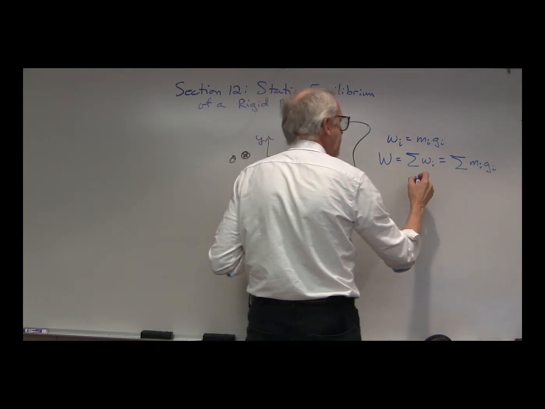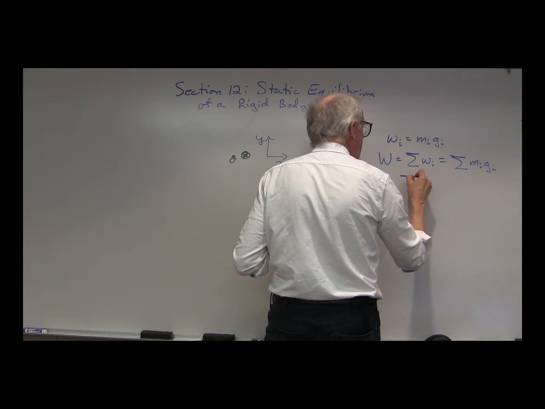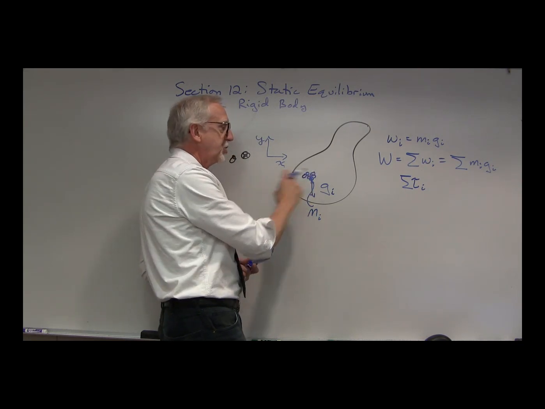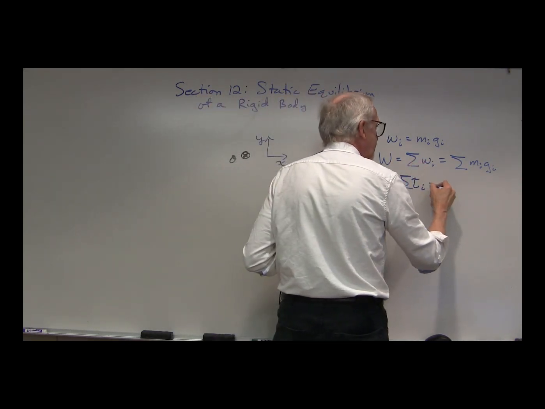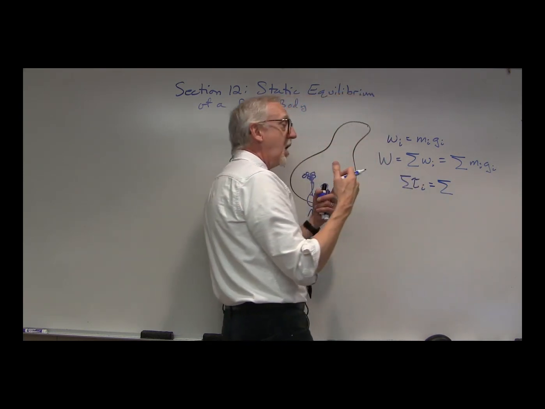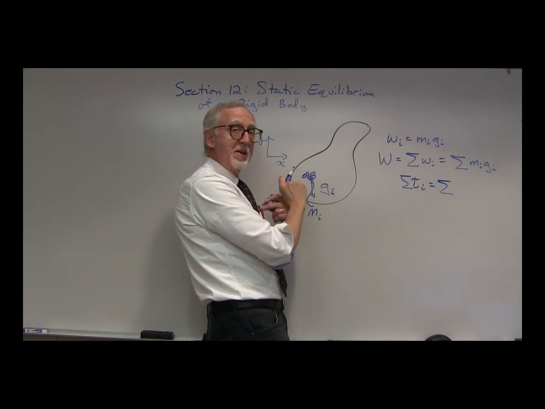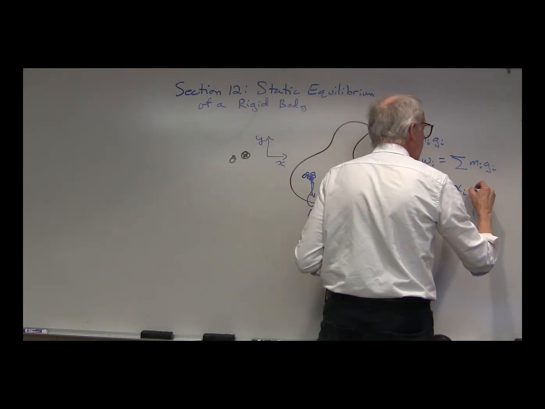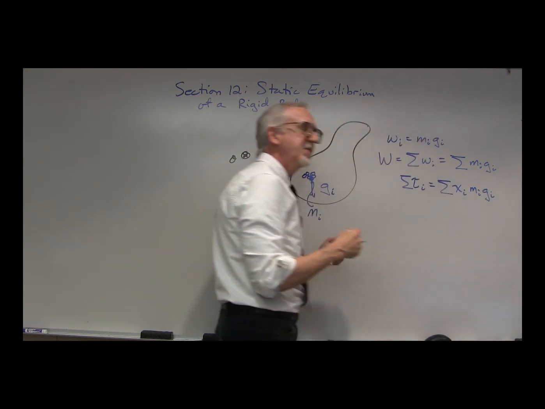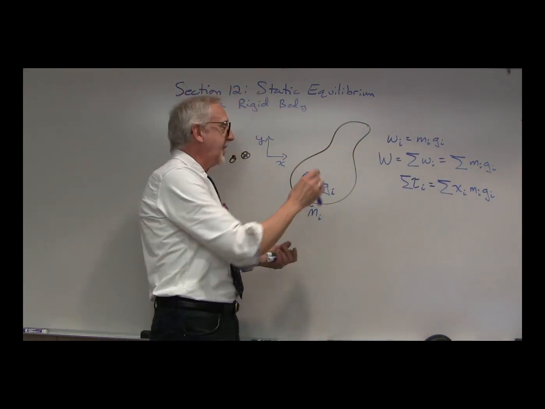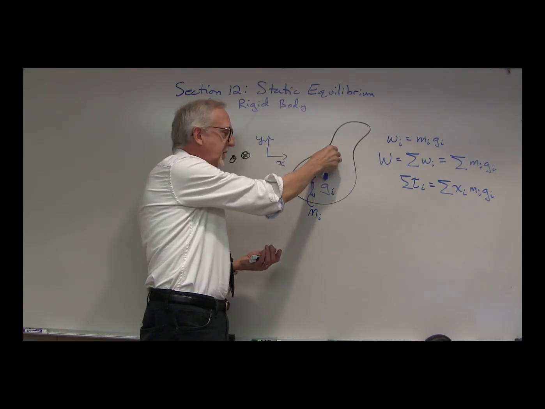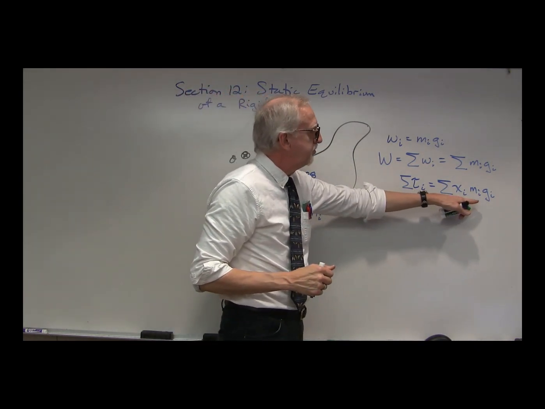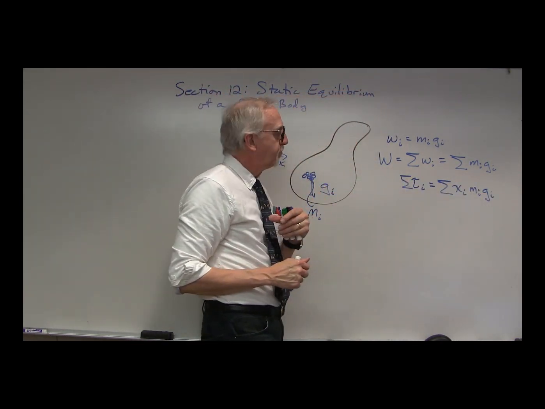The total torque would be the sum of all of the individual torques, all the tau sub i's, equal to the sum of r, the perpendicular distance, which is x sub i, times the force, m sub i g sub i, times the sine of the angle between them, which we've already made 90 degrees because we're only looking at the x coordinate and the negative y force. So we have sine of 90.